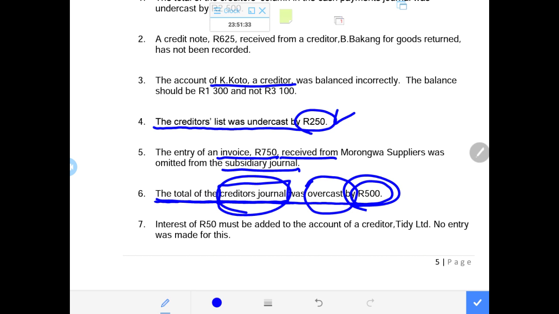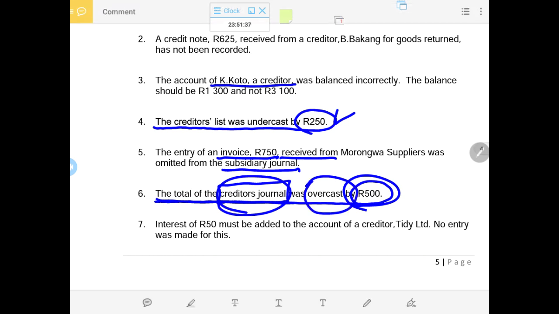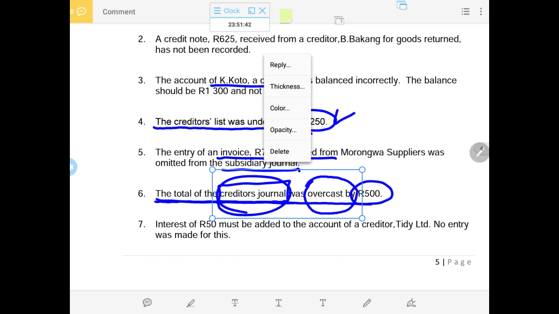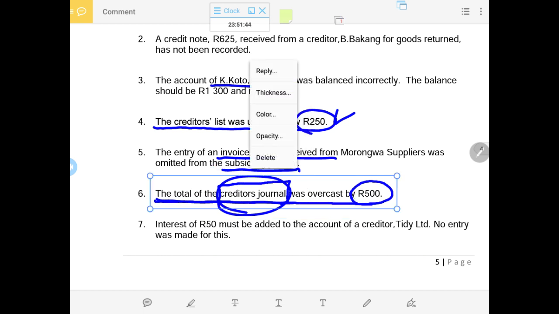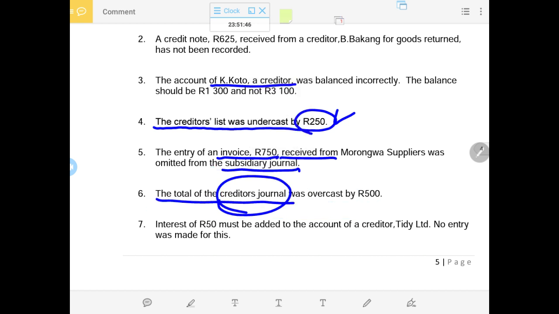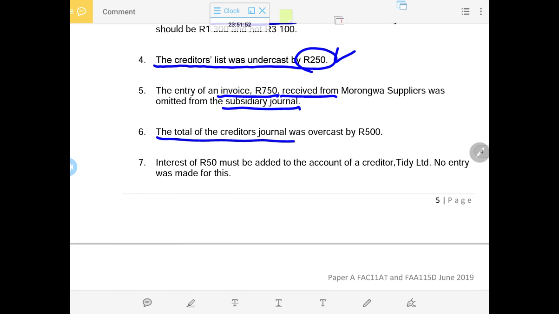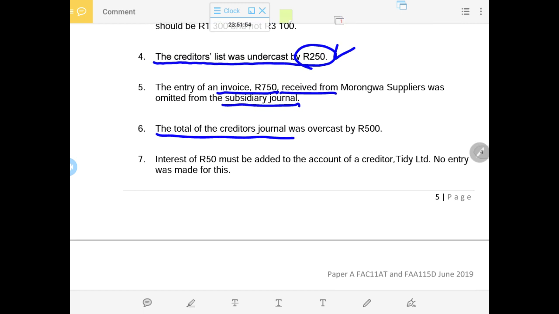So we need to decrease our purchases by an amount of 500 rands. Sorry for that error. I'm just used to the plus and the plus and the plus all the time. But in this case, the total was more than that, then we need to reduce it. So now we record that in our purchases in the creditors control.